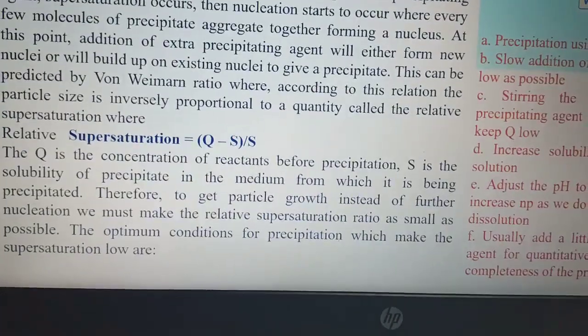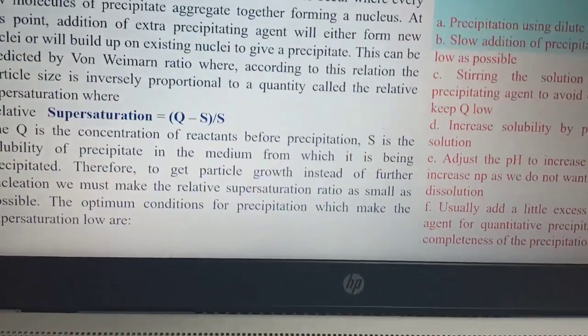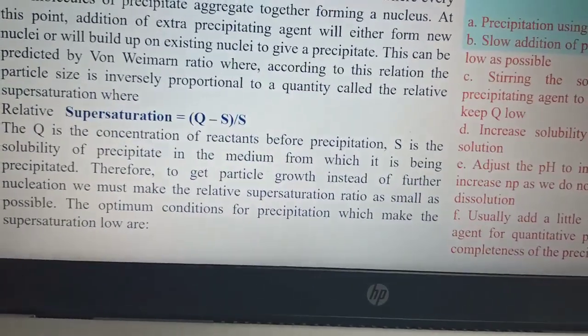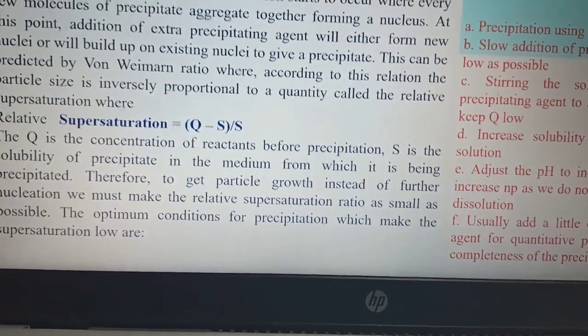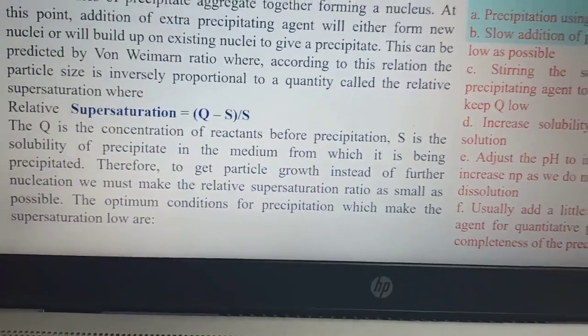So what is this Q? Q is the concentration of the reagent before precipitation. S is the solubility of a precipitate in the medium from which it is being precipitated.